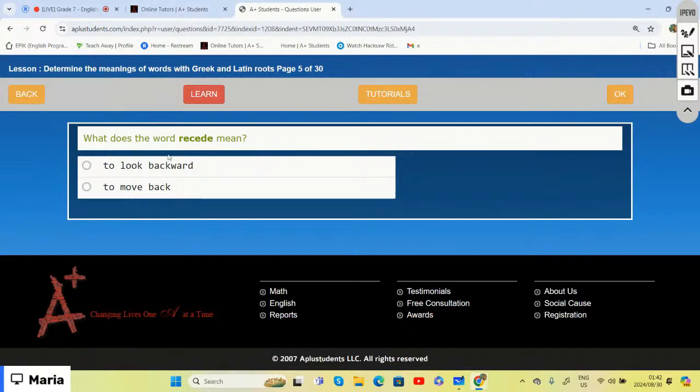So now we need to also say, what does the word recede mean? The word recede. Does the word mean to look backward, or does the word mean to move back? So to look back or to move back.